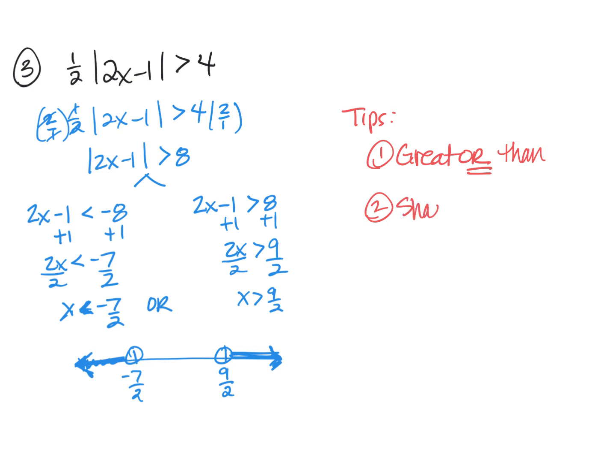The shading on the number line should point away from the center. All right, that's what happens when you do great or than problems. The shading points away from the center. So tomorrow we're going to do less than, and you will see the reverse happening. So hopefully this makes some sense, and let me know if you have questions.